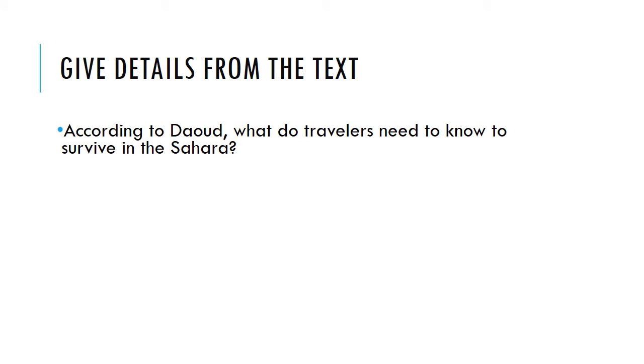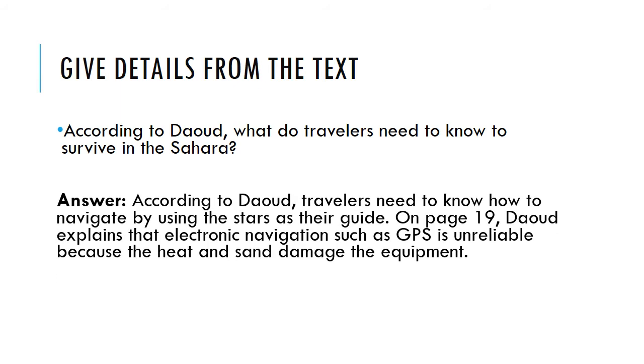Let's try to give some details from the text. Here's the question. You should be familiar with it already. And here's my answer. The first sentence is where we restated the question, and the second sentence is new. This is where the details are located.